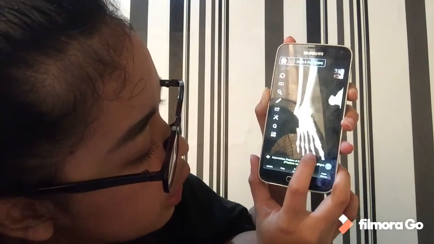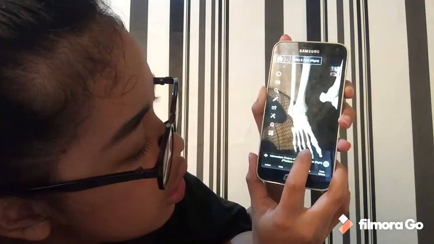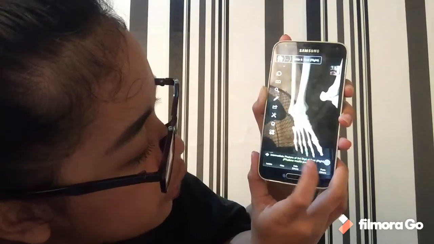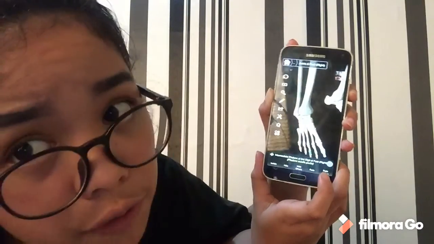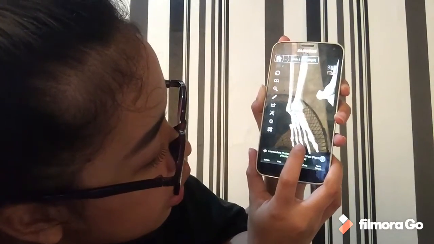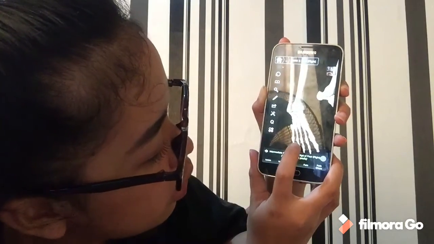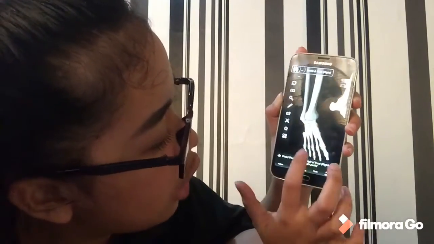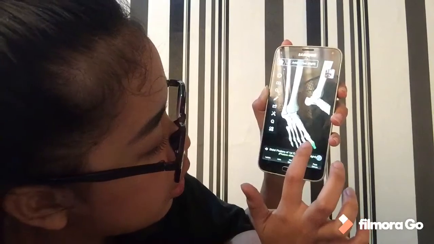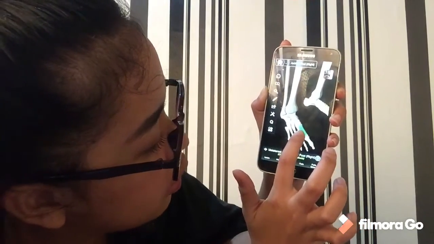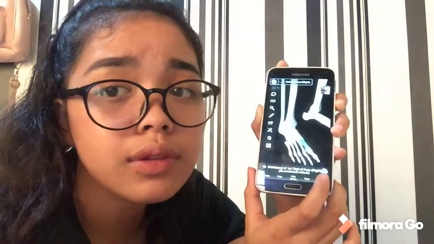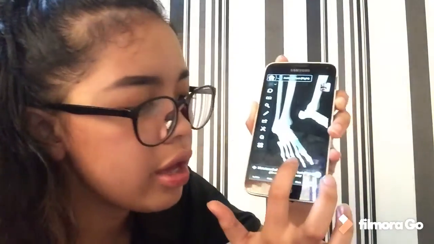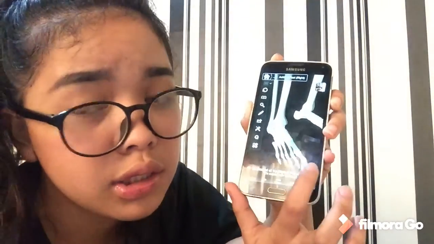The distal phalanx, the intermediate phalanx, and the proximal phalanx. These are the phalanges.